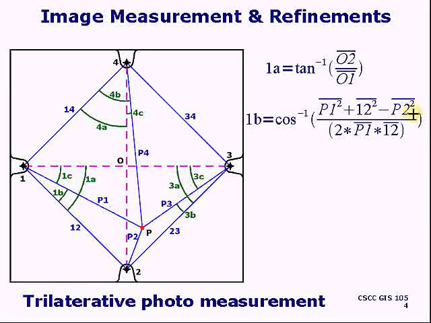That is divided by 2 times the distance from P to 1 measured, times the distance from 1 to 2 computed.